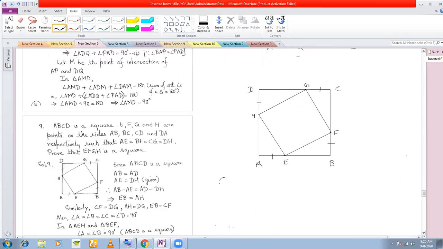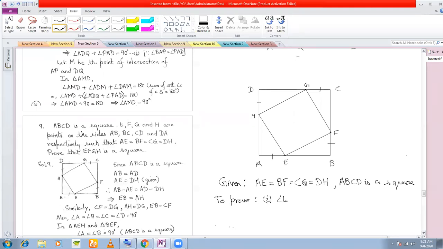Okay, so given here is AE is equal to BF is equal to CG is equal to DH. Also what is given is that ABCD is a square. And how will you show that EFGH is also a square? First, we have to show that in this EFGH, any interior angle is 90 degrees.